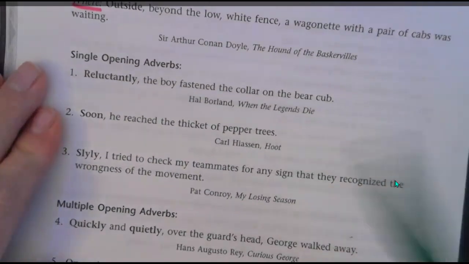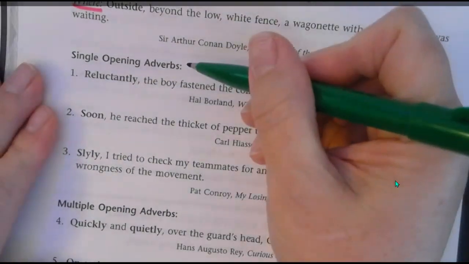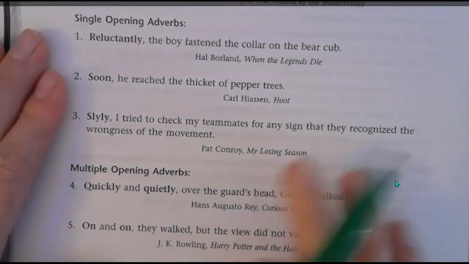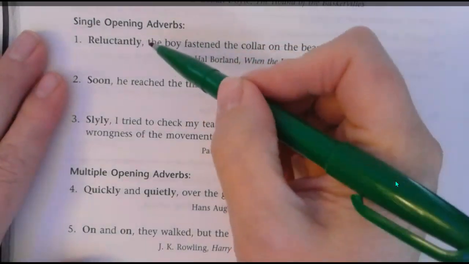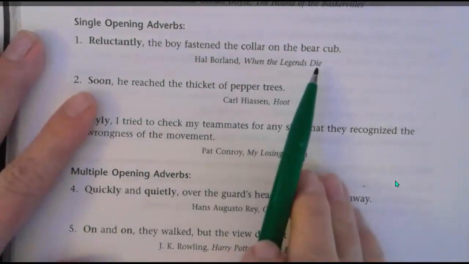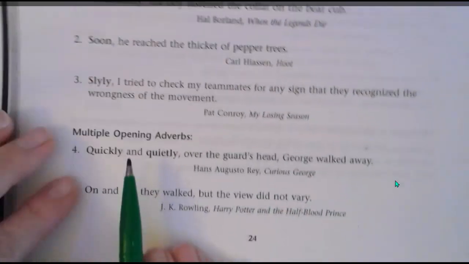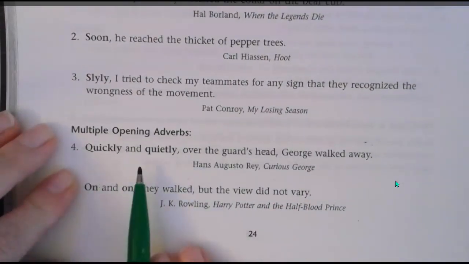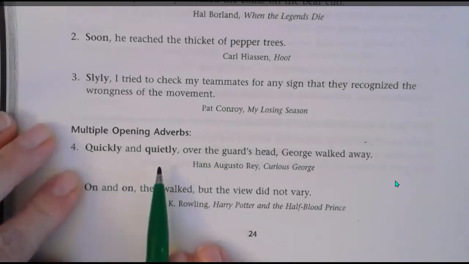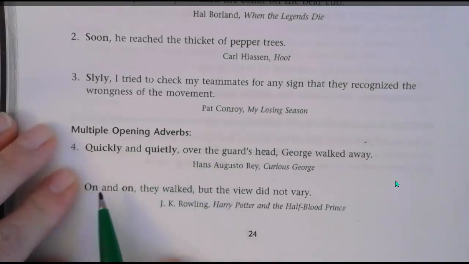Okay, so you can have single opening adverbs or you can have multiples. And so a single would just be one. So here we have, reluctantly the boy fastened the collar on the bear cub. Or you can have multiple, quickly and quietly. So we can say how and when.